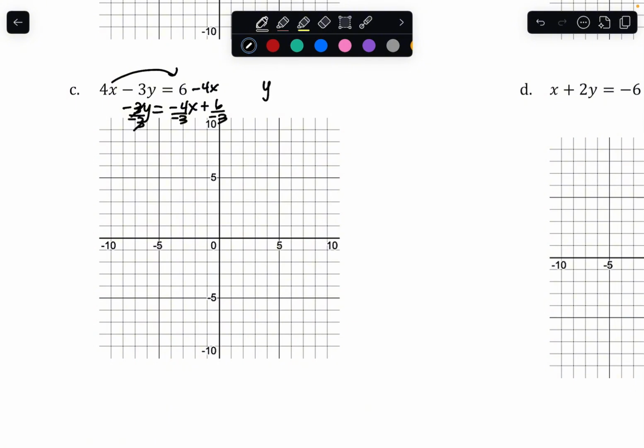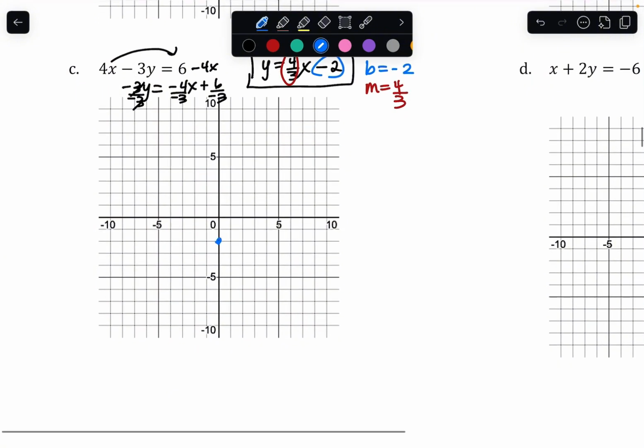So that leaves me with y equals +4/3 x when I simplify the negative over negative. And then 6 over -3 is -2. That gives me my y-intercept of -2, a slope of 4/3.